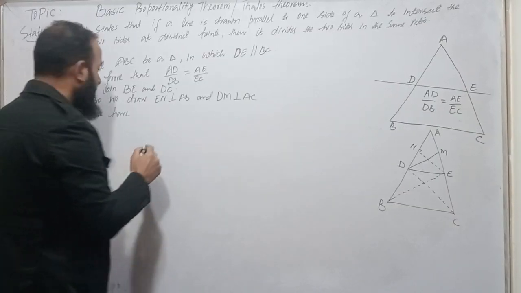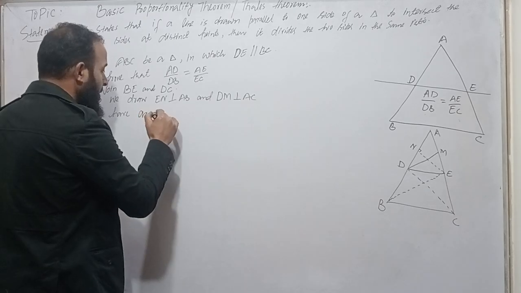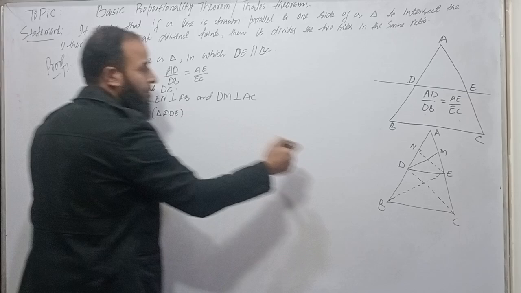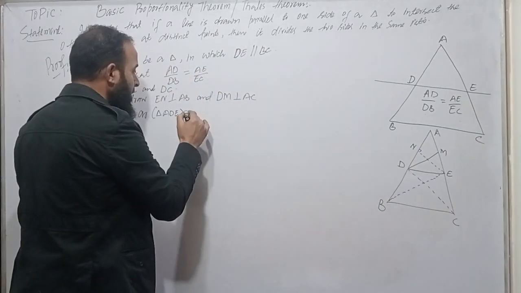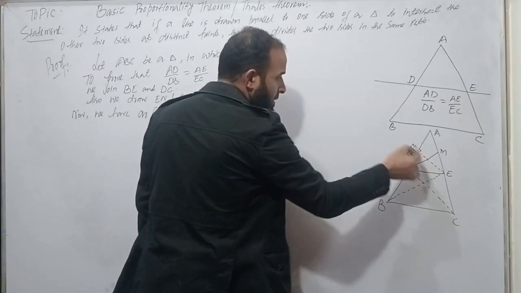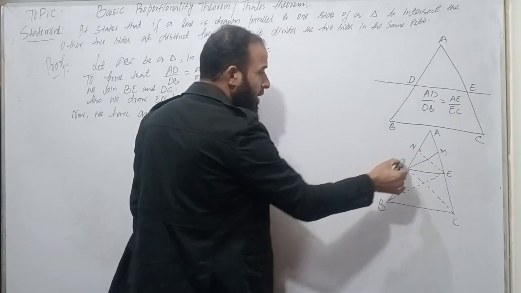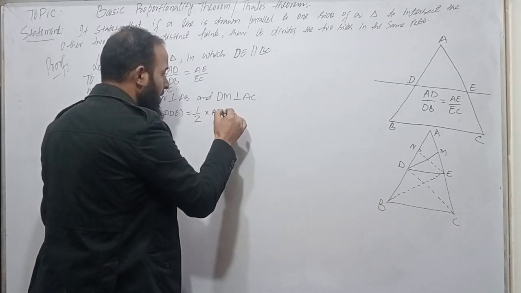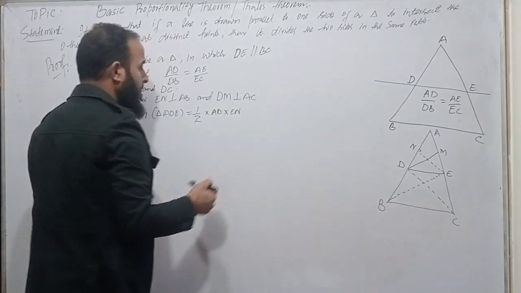Now area of triangle ADE is equal to 1/2 of base, when we take AD as base, that is AD cross EN.